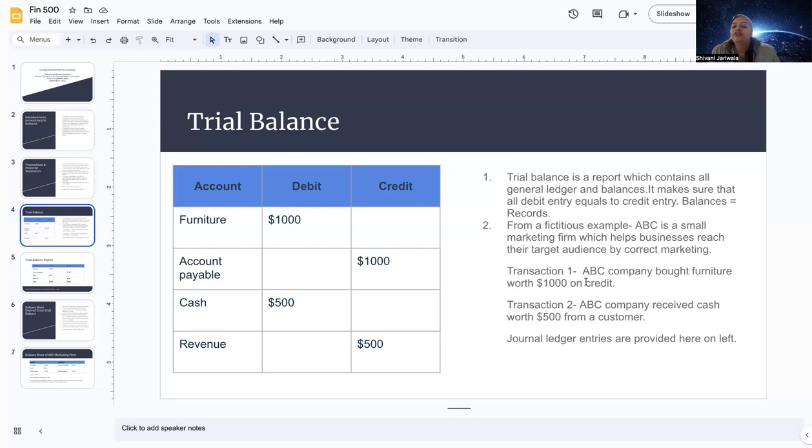So I ordered furniture for $1,000 on credit. I haven't paid it yet, so it is on credit. Pay cash on delivery, exactly. So debit is that I got the furniture and I'm liable to pay $1,000.